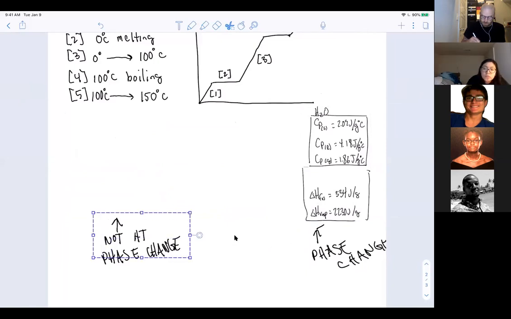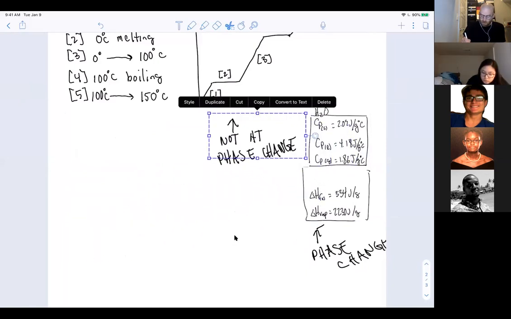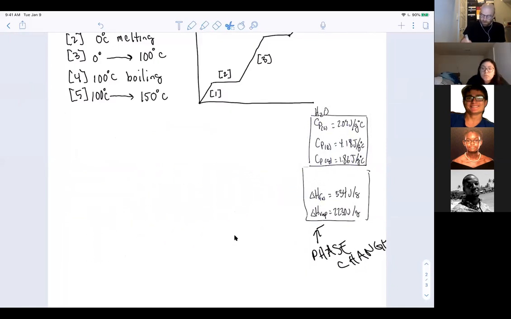Phase change. Let's delete that. And then so we're using this when we're not at a phase change. So yeah, the heat capacities are what we're looking at for this not at phase change.